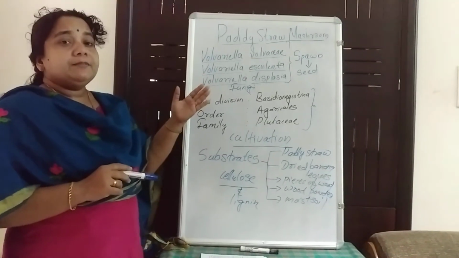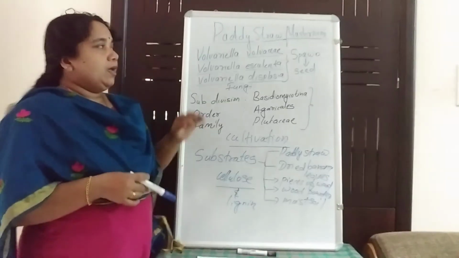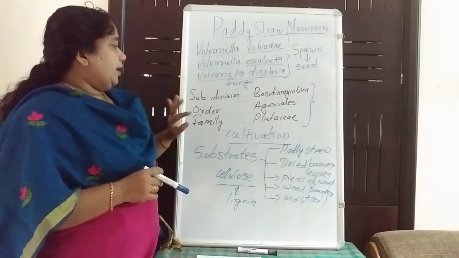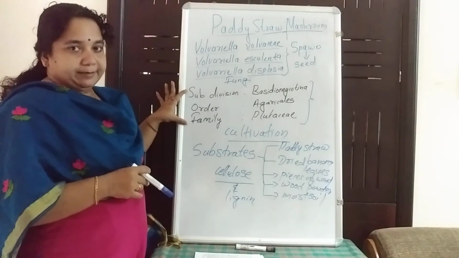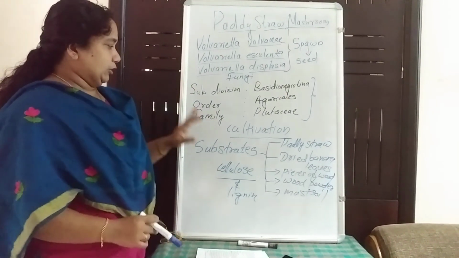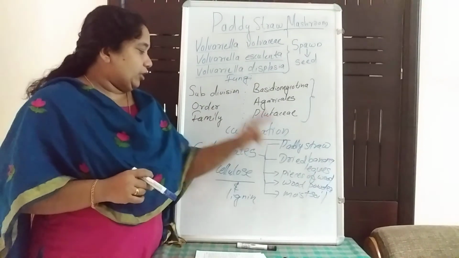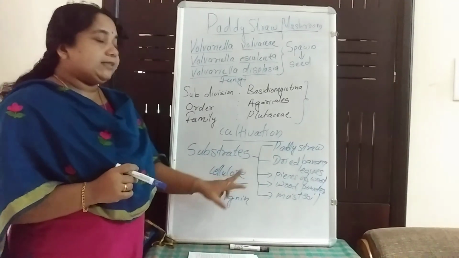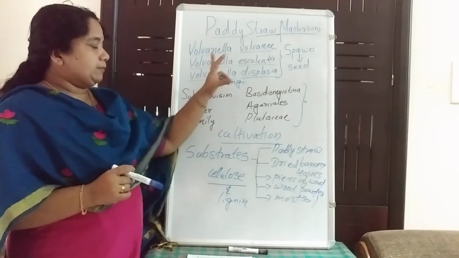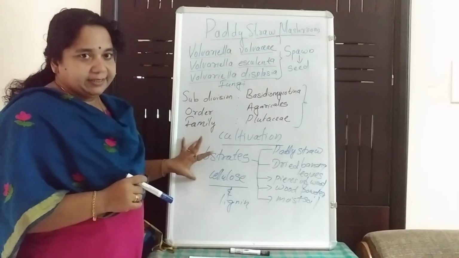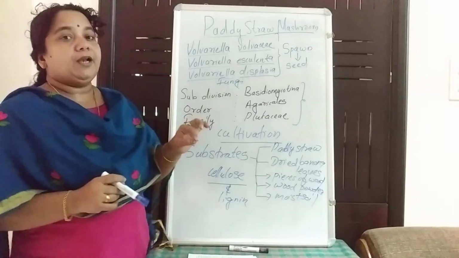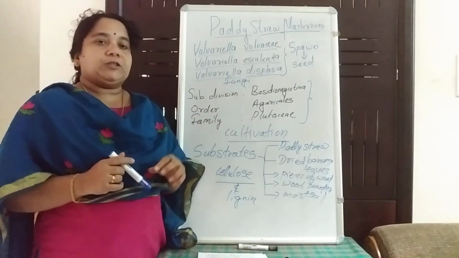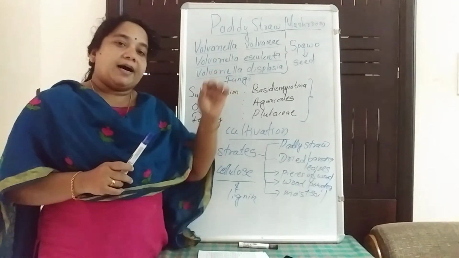Today we dealt with the paddy straw mushroom and its different species, Volvariella, and the classification of this mushroom. Then the cultivation, the substrates used, and the raw material for growing these mushrooms in that substrate. The material used for cultivation is the spawn, and this spawn is usually produced artificially.